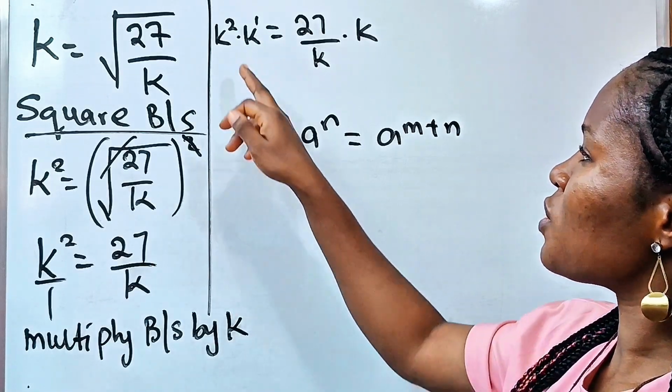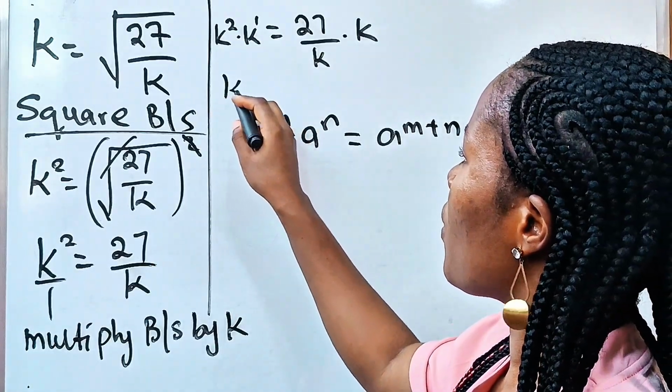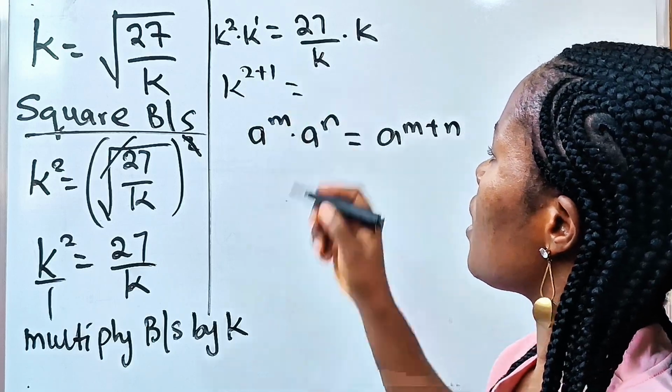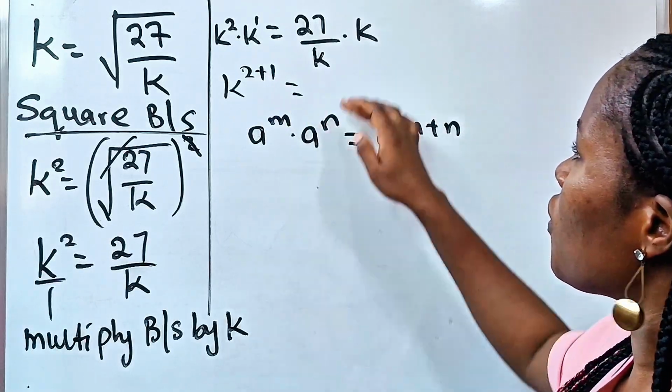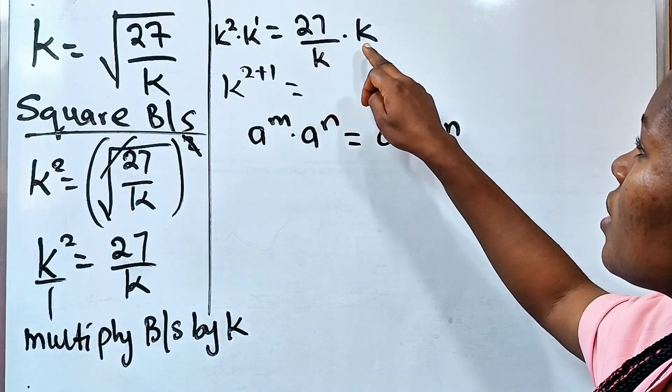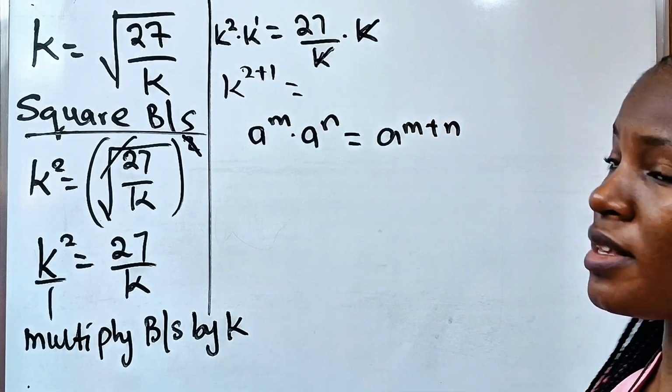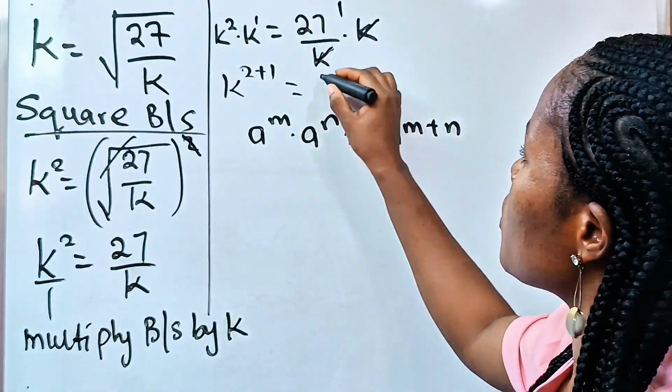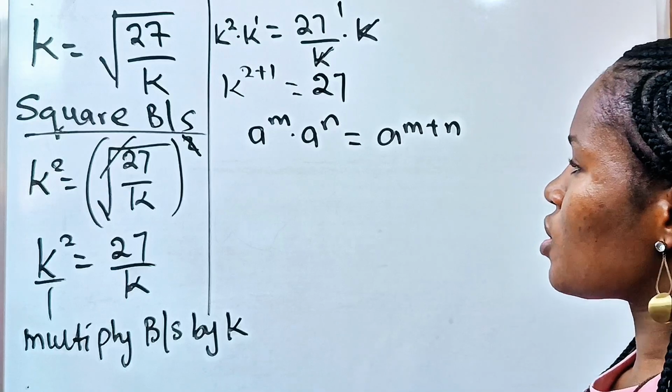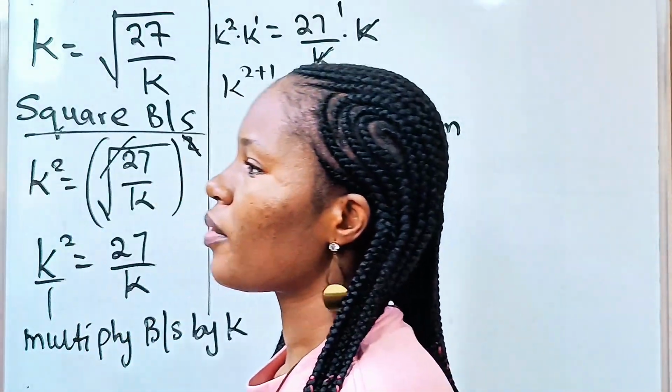So that means that we take 1 k and we add the powers 2 plus 1, is equal to, now for this side, the k will divide itself to give us 1. 1 times 27 will give us 27. So this is what we have right now.